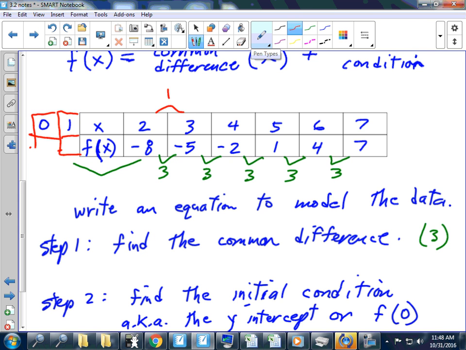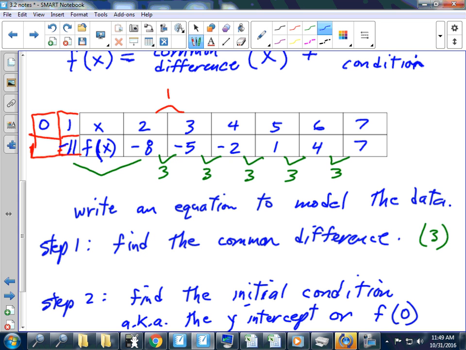So, Gunnar, what is f of 1? Brandon, we're good. What's f of 1? Well, follow this pattern. 7, 4, 1, -2, -5, -11. According to your calculations, -11 is right.